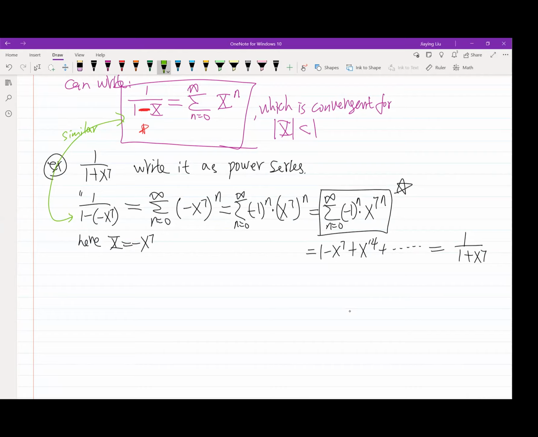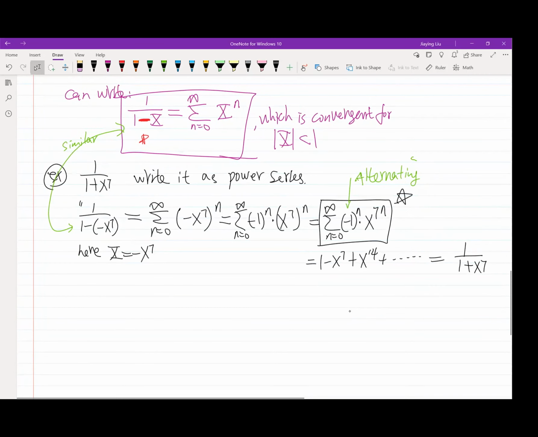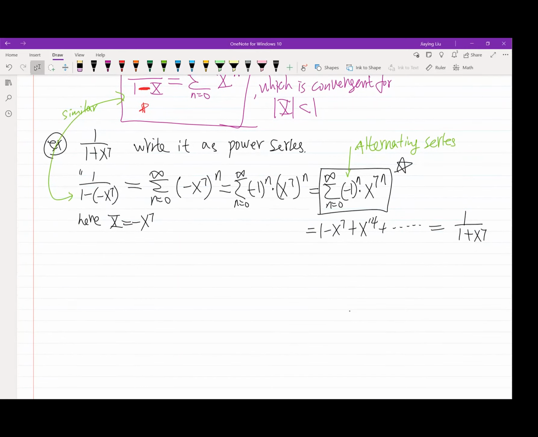Because if we have negative 1 separated, we immediately know it's an alternating series. If you didn't have it separated, it's not obvious. So that's one. Any questions on this example?